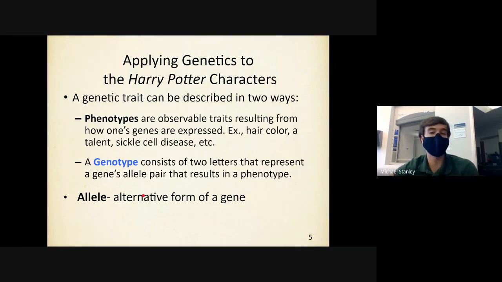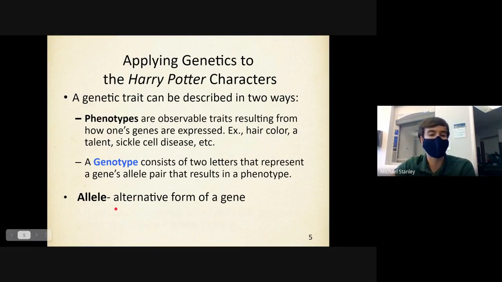So like we were saying earlier, one set of genes you get from your mom, and one set of genes you get from the dad. And they don't always have the exact same trait in their gene, right? Maybe your mom had the gene for blonde hair, but your dad had the gene for brown hair. So there's different versions of a gene.